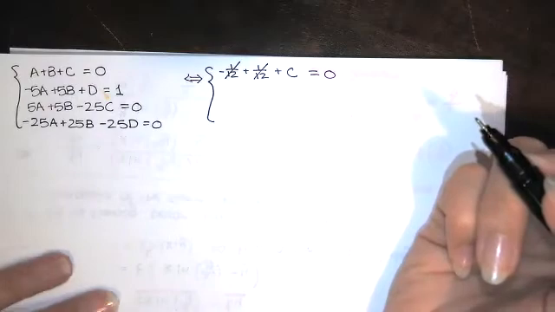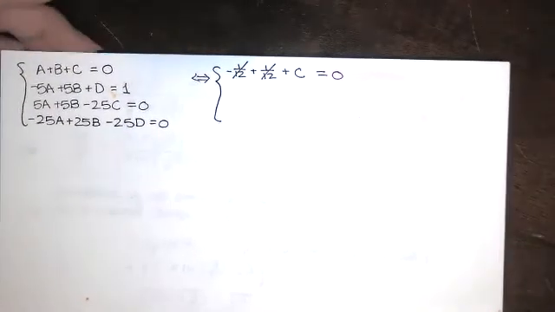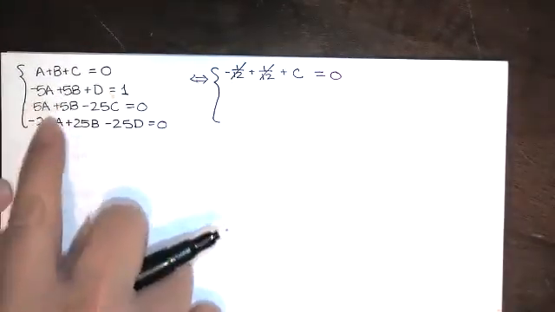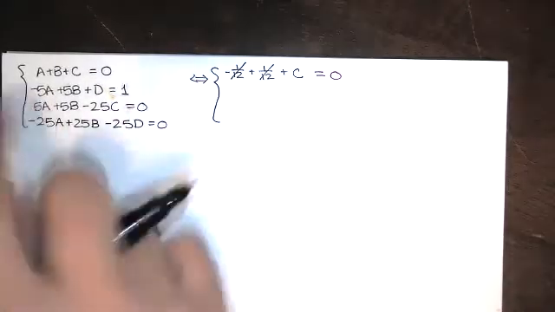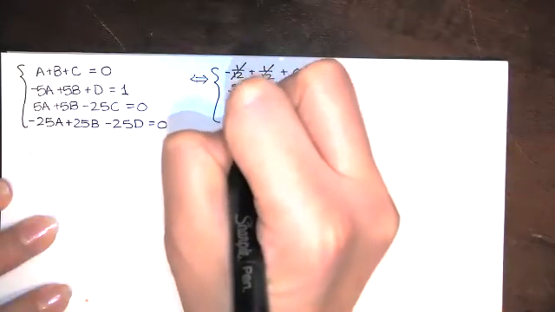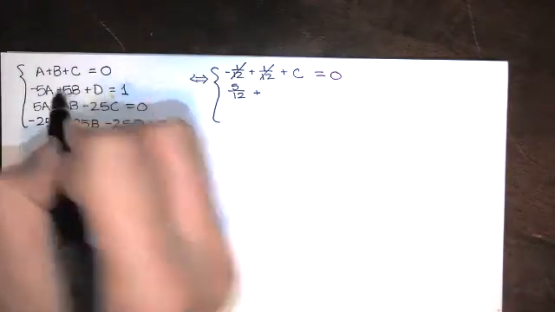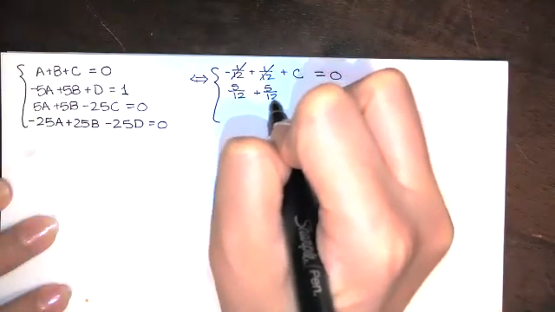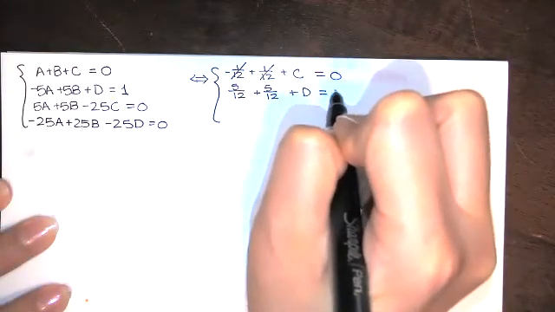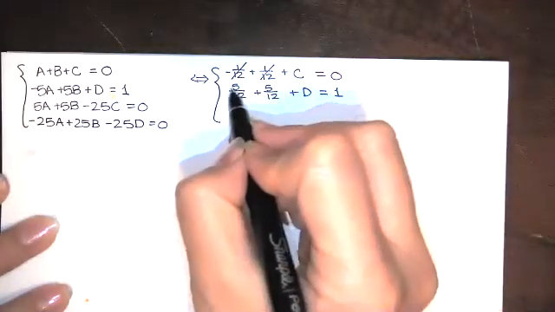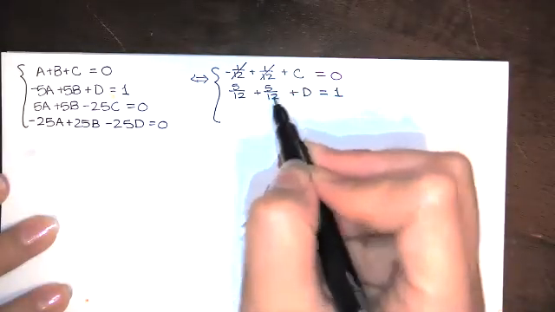Okay, well, those cancel and it looks like c must be 0. Well, that's easy enough. And then if a is -1/12, -1/12 times -5 is going to be +5/12. And then we'll have 1/12 times 5 is +5/12. And then we've got d here, and that equals 1. Well, that's going to be 10/12, right?